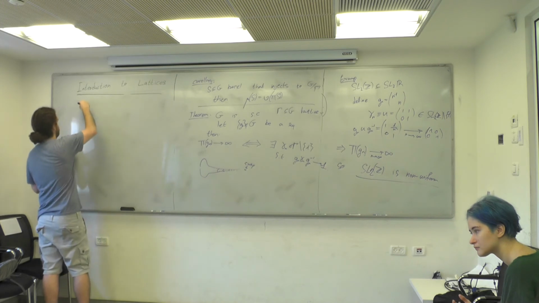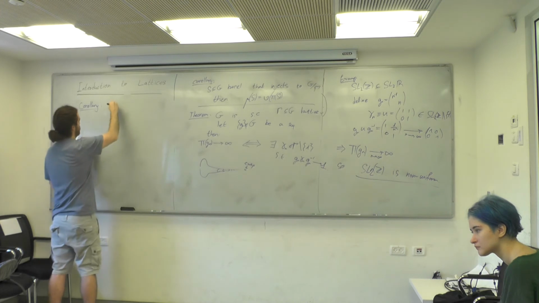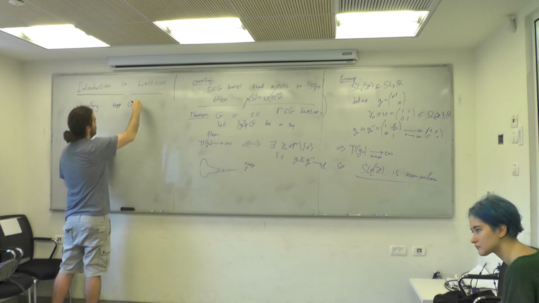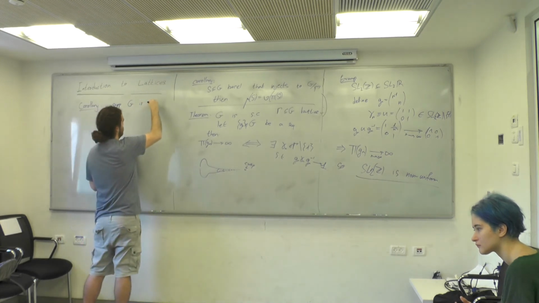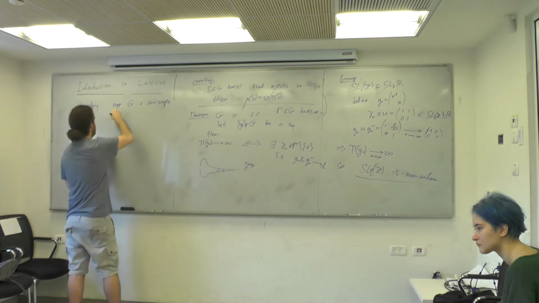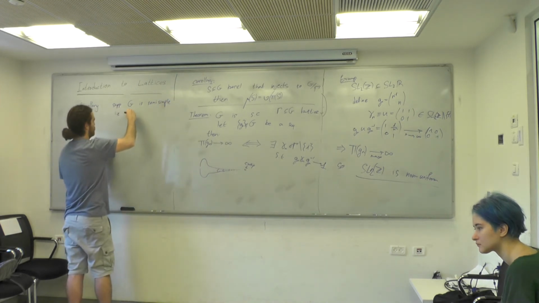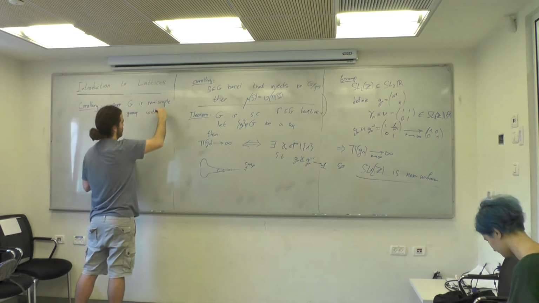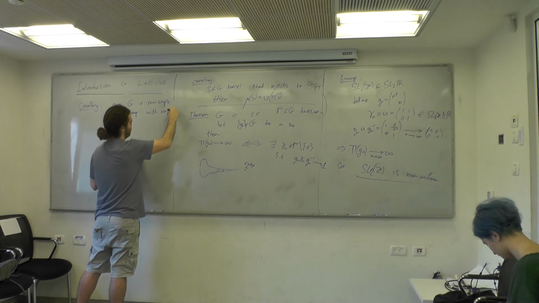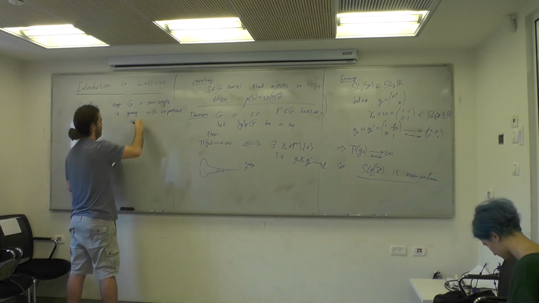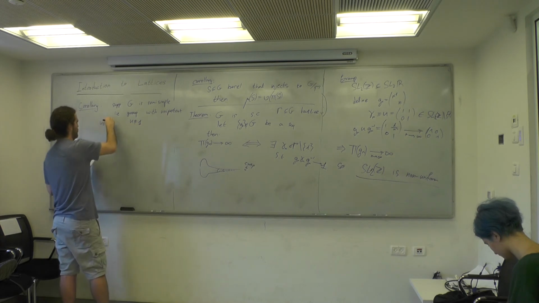Let's suppose G is a semi-simple group with a unipotent element U, which is different than 1, where U is in gamma, a lattice.